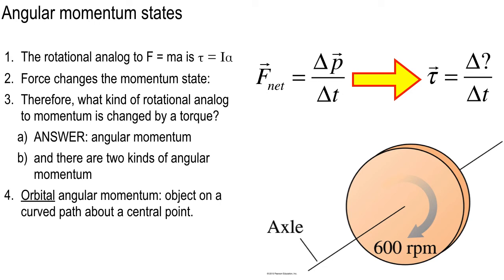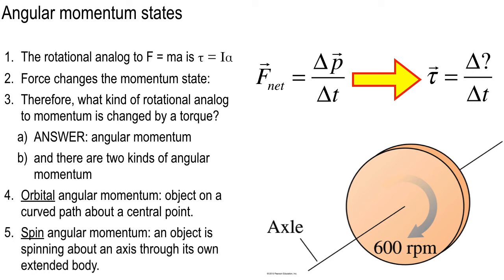The sun is the source of the force that keeps that planet on its orbit. And then the other one is the spin angular momentum. So the object is spinning, but not around a central object; it's spinning on its own axis. And usually spin angular momentum is for something spinning about an axis of rotation that goes through its body and directly through the center of mass.